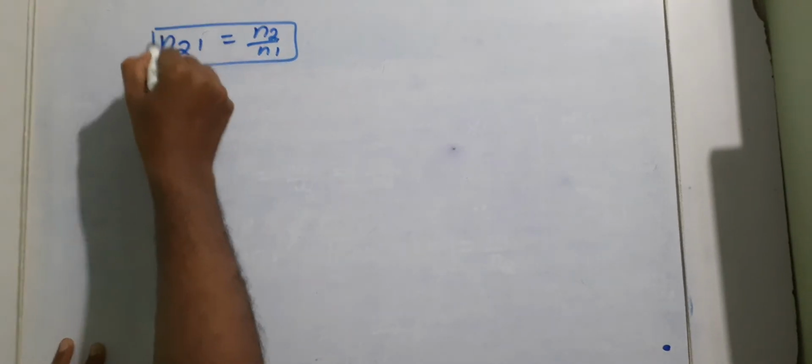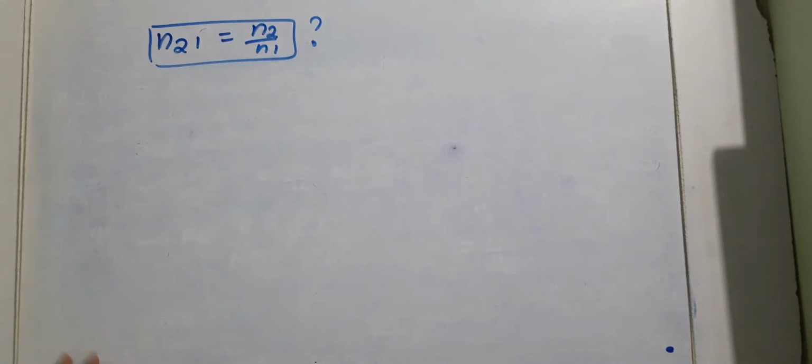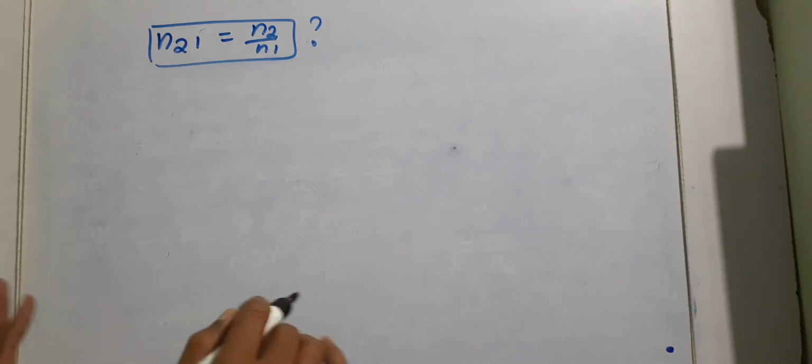This is what we want to prove. We want to show that n21 is equal to n2 by n1, students. That is, the relative refractive index of the second medium with respect to the first medium is the ratio between the refractive index of the second medium n2 and the refractive index of the first medium n1.